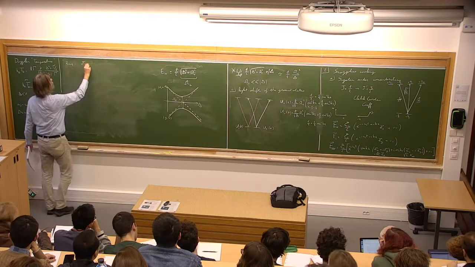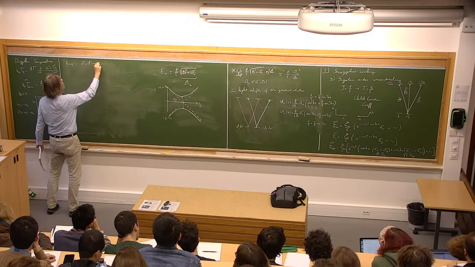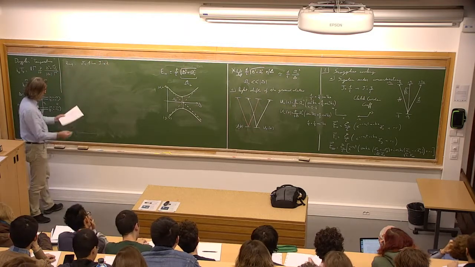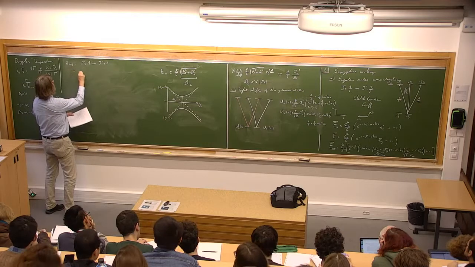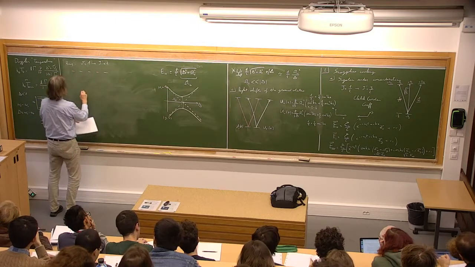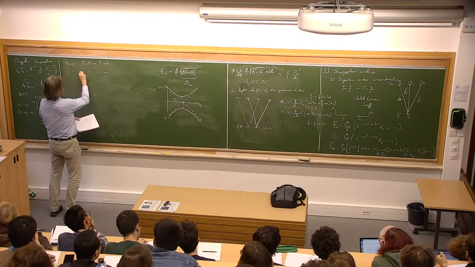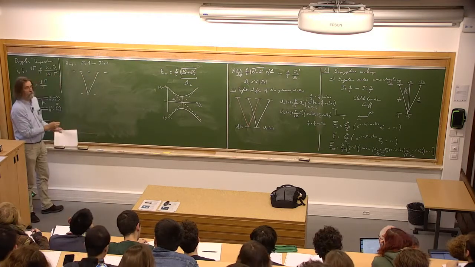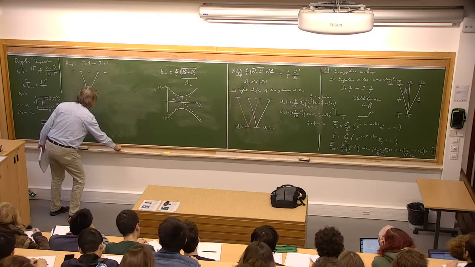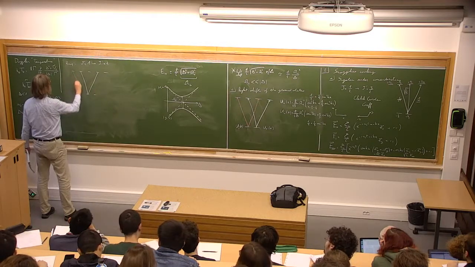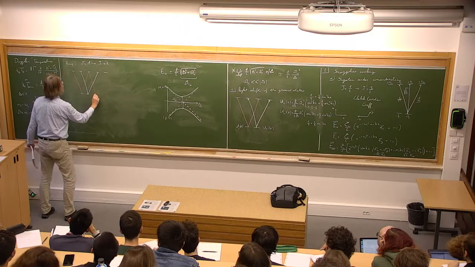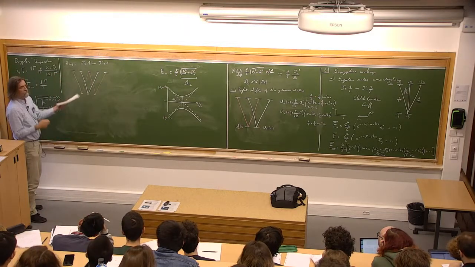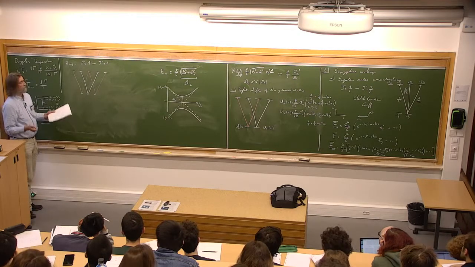For instance, if you're just looking at a J equals 1 to J prime equals 2 transition, then in fact you have a nice V again here, but the other one becomes a W here, and so it is more complicated to treat.